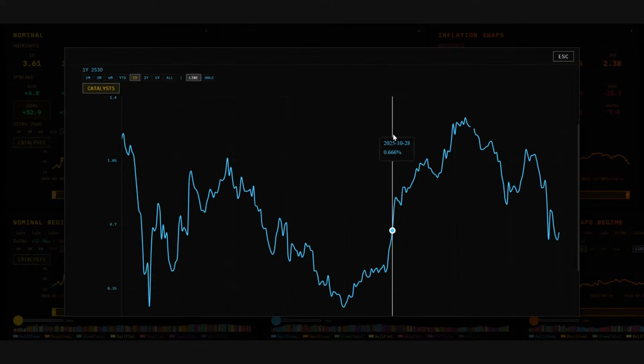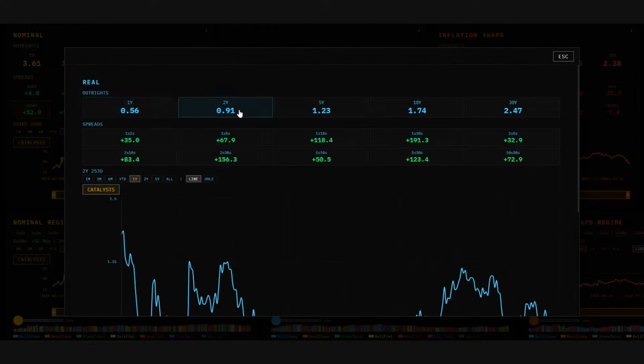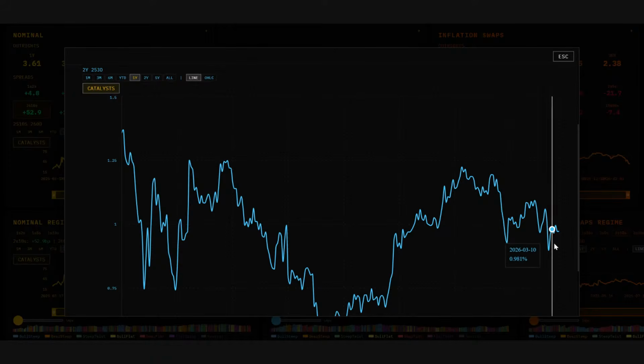And you can see that real interest rates have come down pretty significantly during this period of time right here. You have 1 year real rates right here that have fallen, which shows that for the 1 and 2 year, the Fed is looking at all these inflation changes over the last couple of weeks and saying, no, we're not going to say anything.